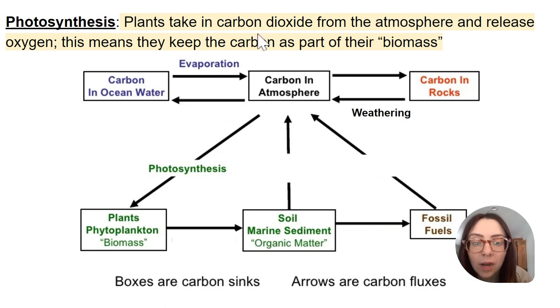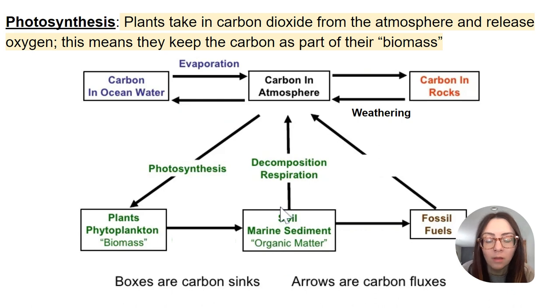If you think about it, CO2 is going in, but only O2 comes out. So that means the plants keep the carbon. That is stored as matter, as part of their biomass, part of their plant body, if you want to call it that.